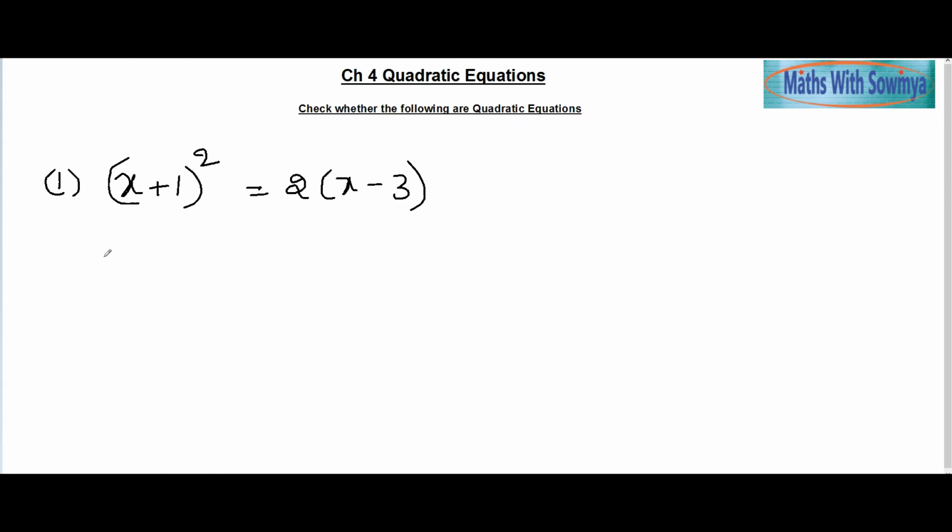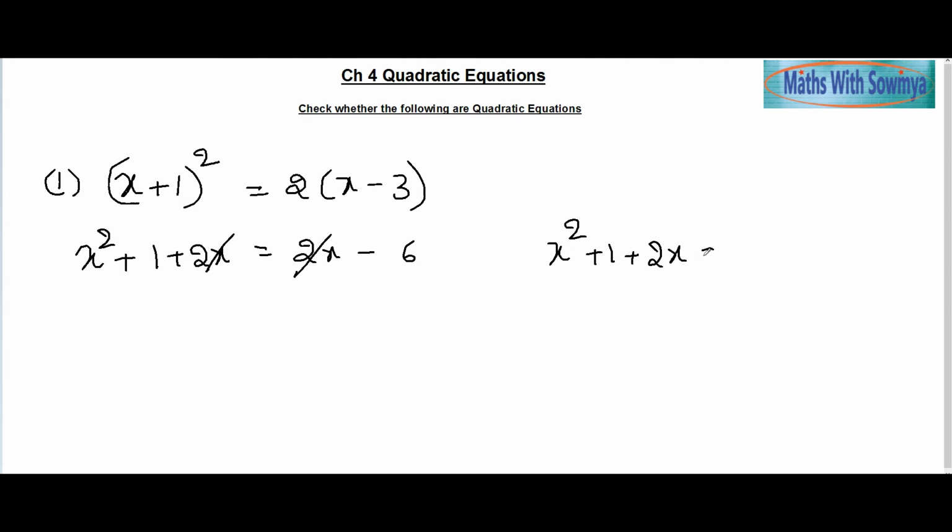Very first, you expand this: x square plus 1 plus 2x, which is the (a plus b) whole square formula, equals 2x minus 6. The 2x you can cancel. If you get confused, you can see this is of the form 2x minus 6, 2x is positive here and 2x is positive here. So when you have an equal sign, and the left hand side and right hand side have the same things with the same sign, you can cancel.